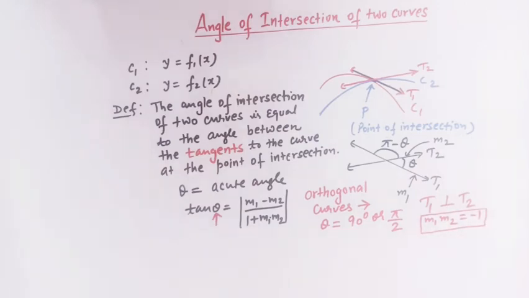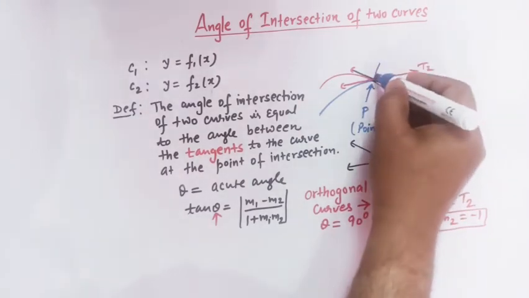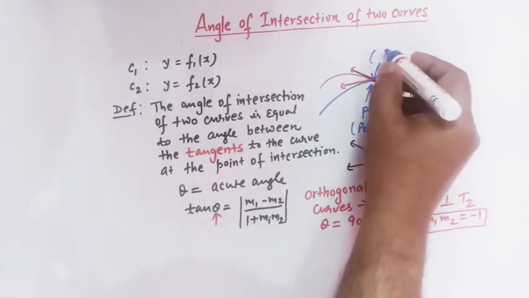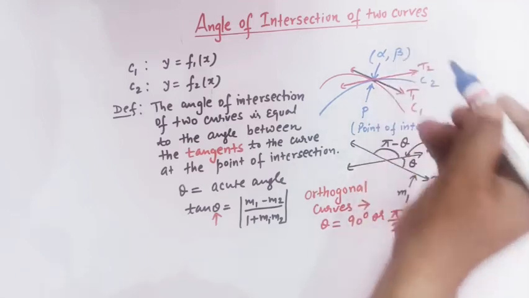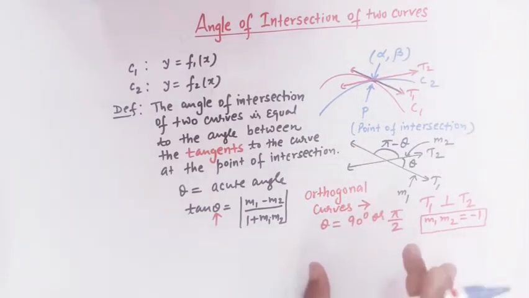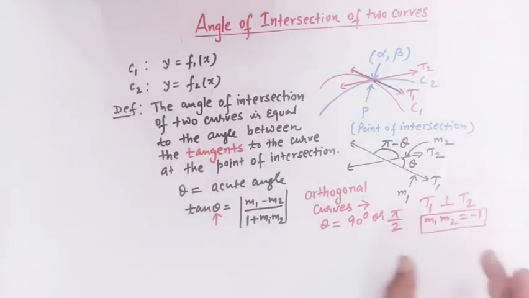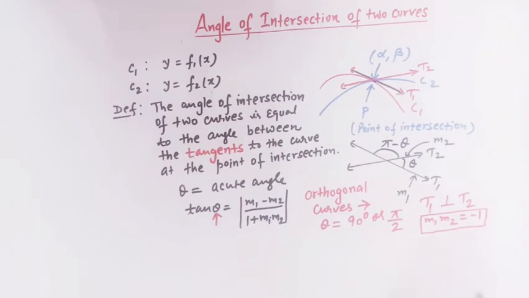Then the curves are said to be orthogonal. Now suppose the coordinates of this point P are, say, alpha comma beta, right? Now the condition of the two curves to be orthogonal is the product of the two slopes should be equal to minus 1.